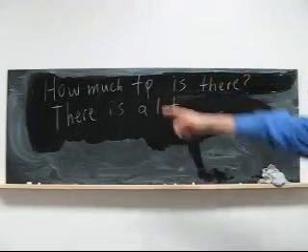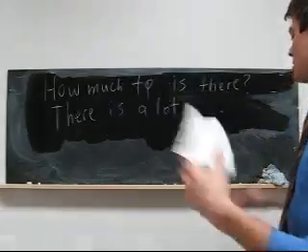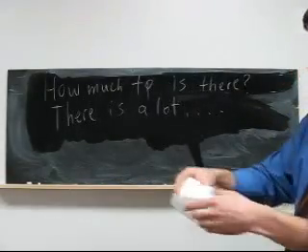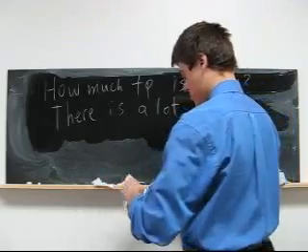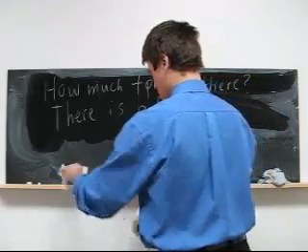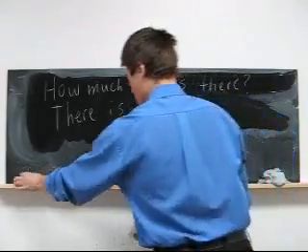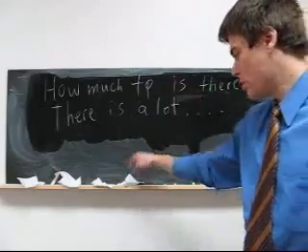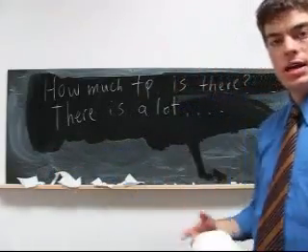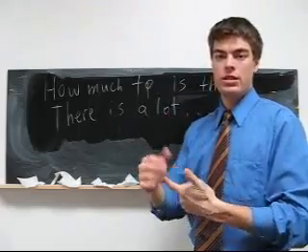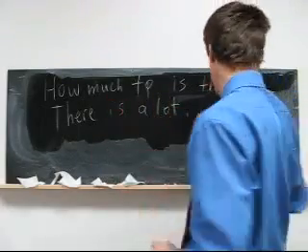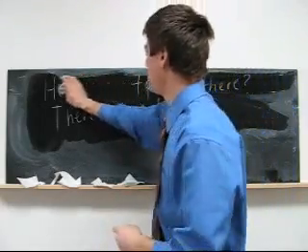But when you go like this, now this, 1, 2, 3, 4, that's how many. Because how many is counting. 1, 2, 3, 4, 5, 6, 7, 8, 9, 10. How many is counting.